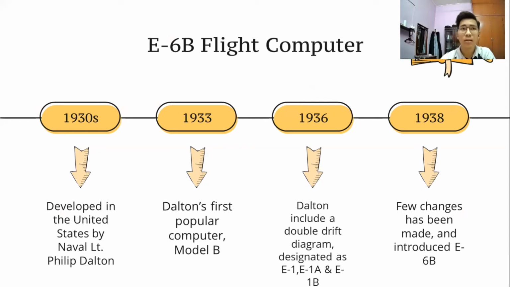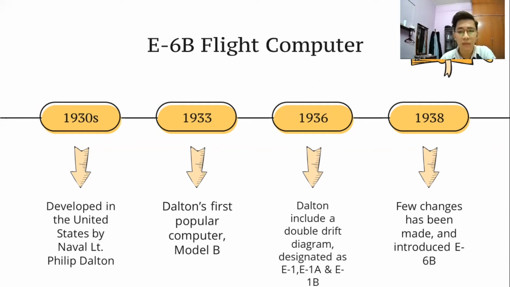Next, in 1936, Dalton included a double drift diagram on its reverse, which created the E1, E1A, and E1B. Moving along, in 1938, he made a few changes.